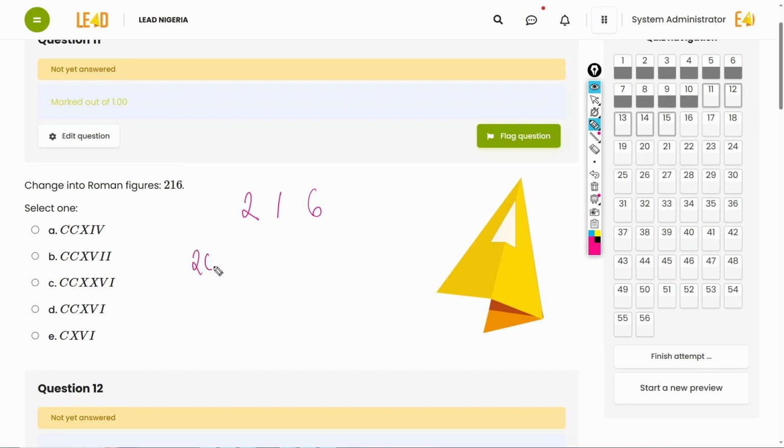That's going to be 200 plus 10 plus 6. 200 is CC, that's 100, 100 together. 10 is X. And 6 is VI, that's 5 plus 1, 6. So the answer is CCXVI. That option is option D.